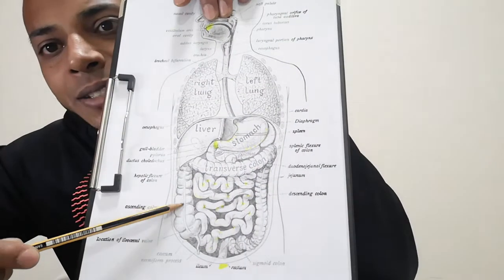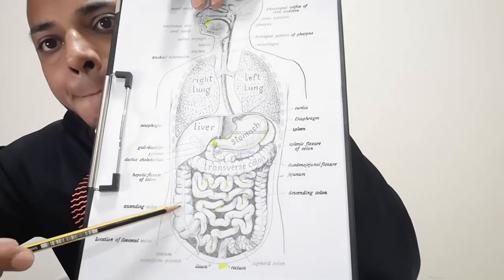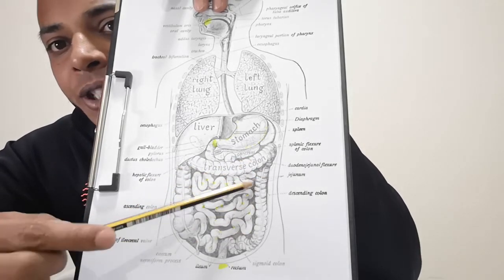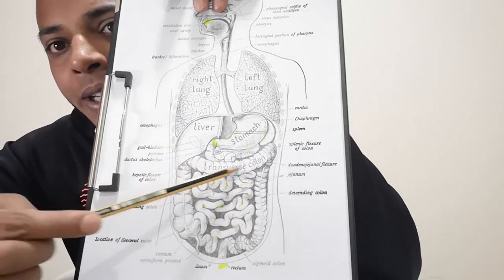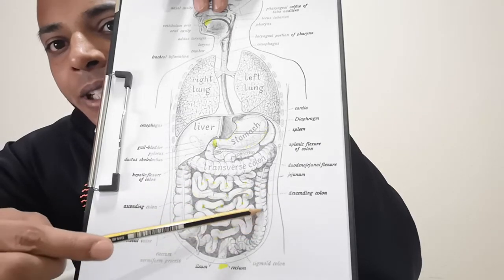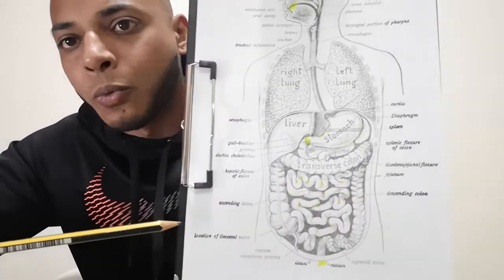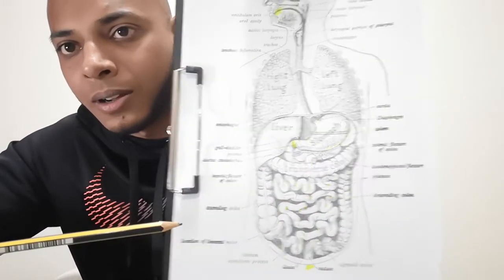So what's happening in the large intestine is just absorption of water. There are no nutrients getting absorbed in there. It's just passing through so that water can get absorbed, and it's typically a drier area than the small intestine. The small intestine is a very wet area.